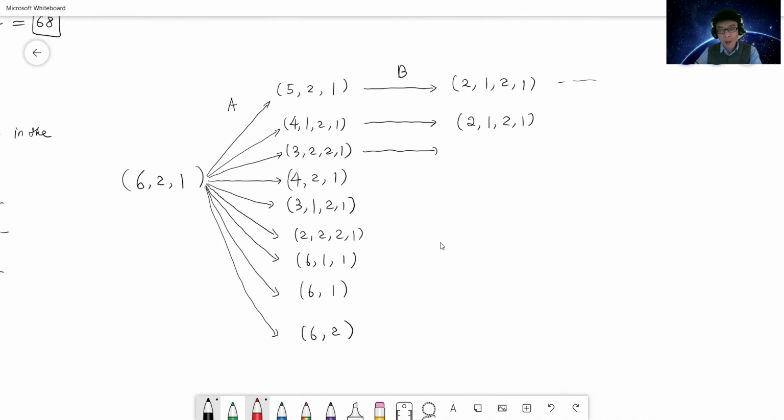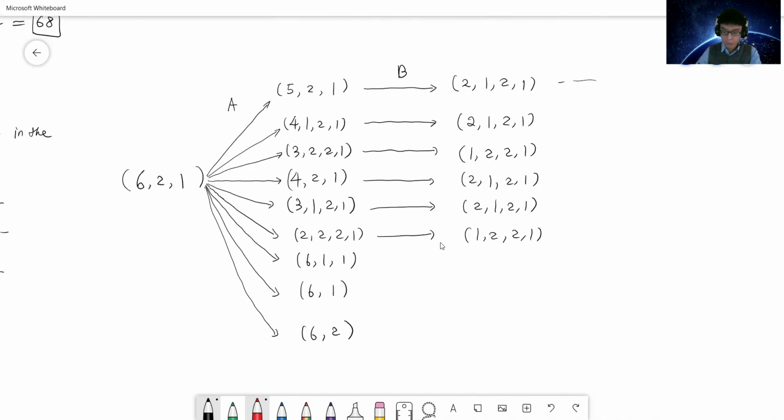Here we can remove 1 brick from 3, so 1-2-2-1 is symmetric. Here we can remove 1 from 4, so it's 2-1-2-1, symmetric. Here we can remove 1 brick from 3, so 2-1-2-1, symmetric. Here Beth can remove 1 brick from 2, so it's 1-2-1, symmetric. And here she can also remove the middle 2 bricks, so it will produce 2-2-1-1, and symmetric.